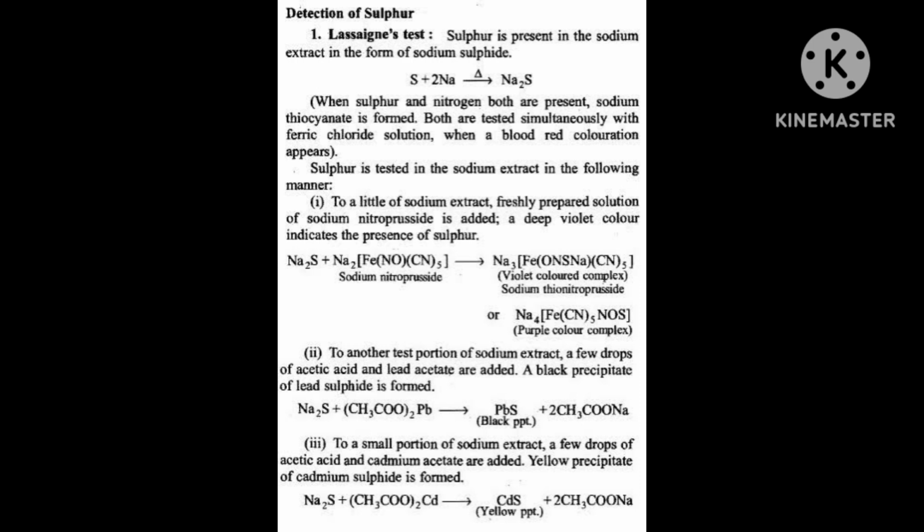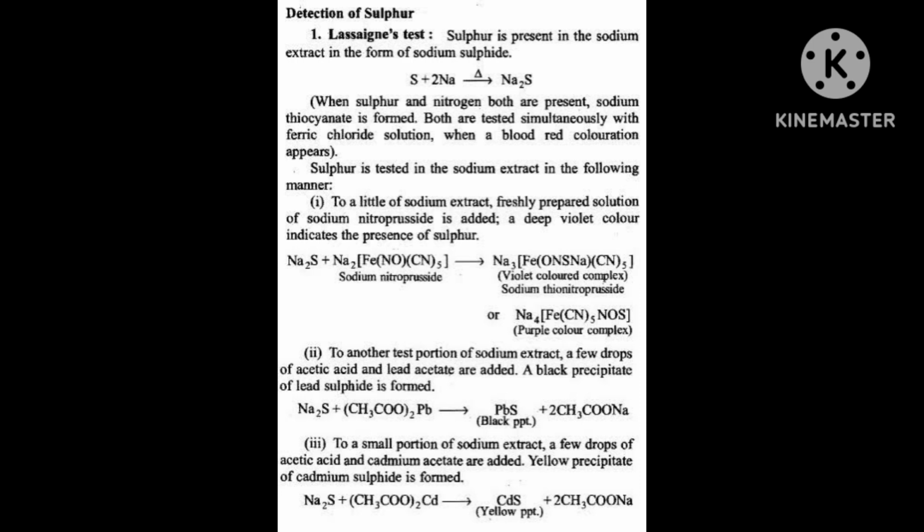That is the test. Now the reaction you can write like this: C plus 2CuO, on heating, gives 2Cu plus CO2. 2CuO converts to 2Cu, and it gives carbon dioxide.